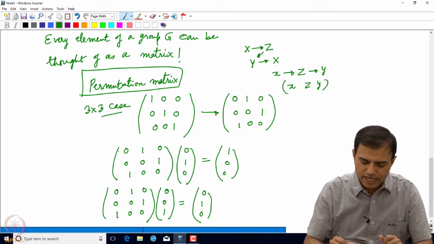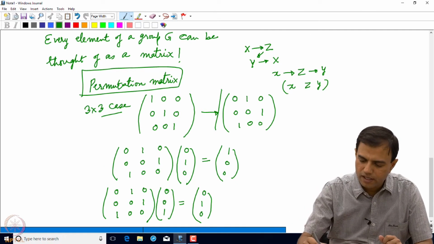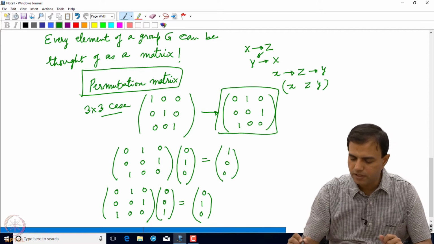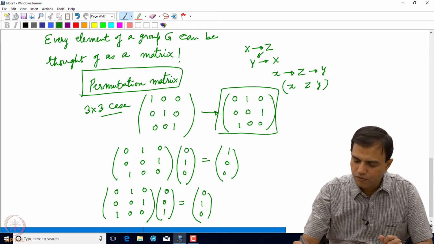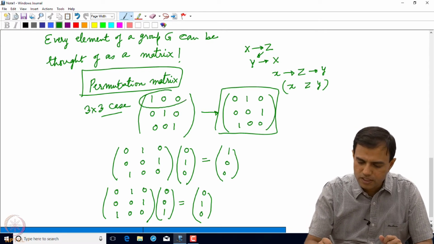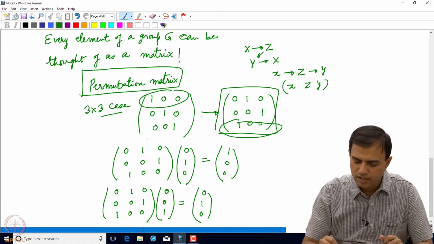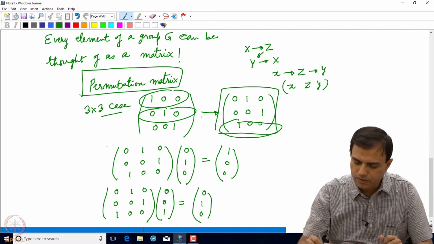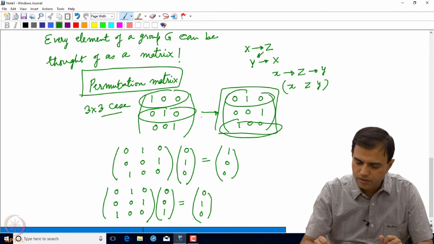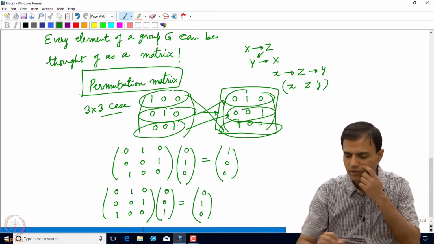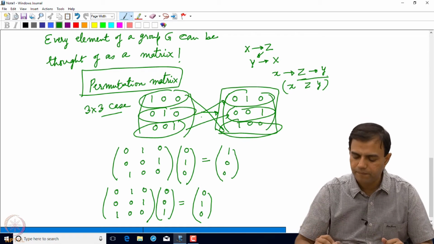So this matrix is actually representing a permutation. What is happening? The first row is going to the last, the second row is going to the first row, and the third row is going to the second row, that is, z is going to y.